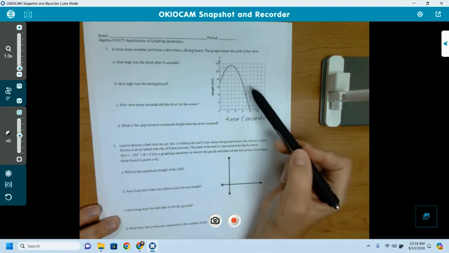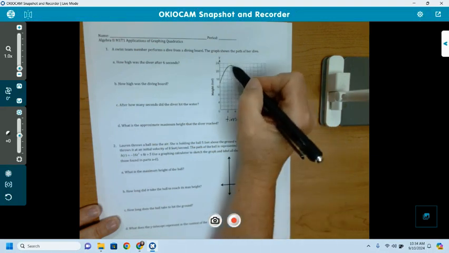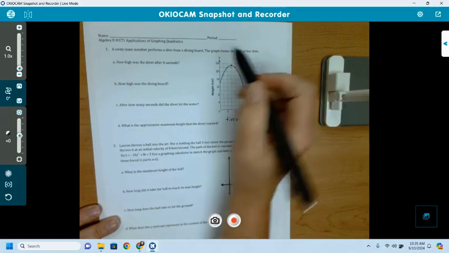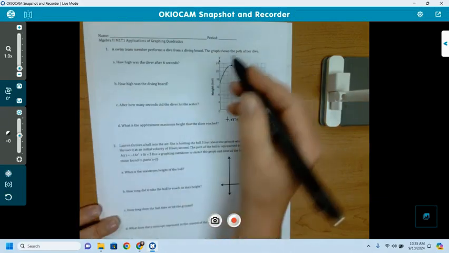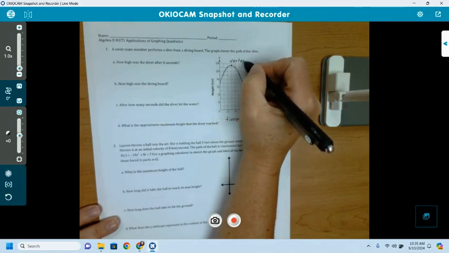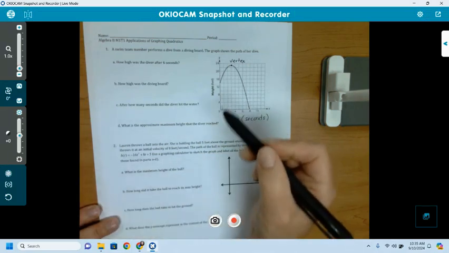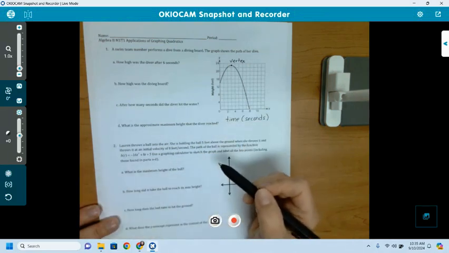What are some of the other points of this graph that we can label? I know the very top point on a graph is called the vertex. The vertex is also the very bottom of a graph, depending on how the graph curves.